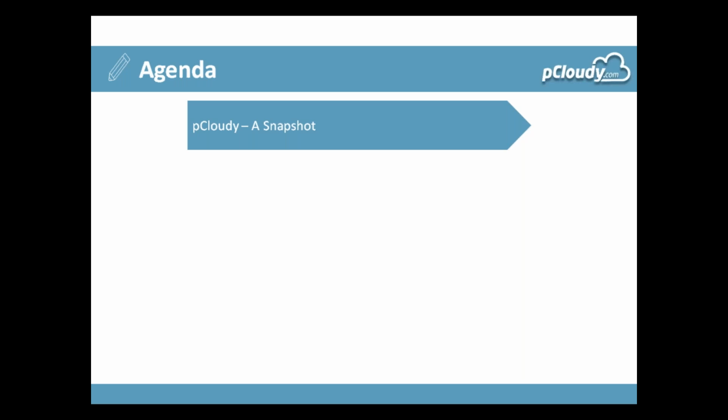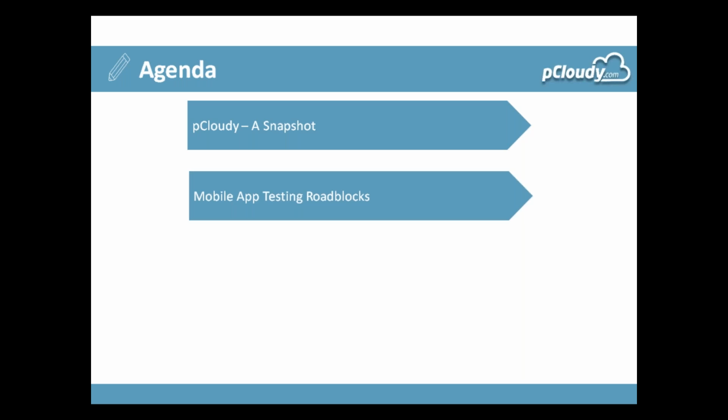So the agenda for today's session is divided into 4 different areas. The first one, I'll take a couple of minutes to talk about what pCloudy as a solution is. Since we are talking about mobile app testing challenges, it's very important to understand some of the important roadblocks.